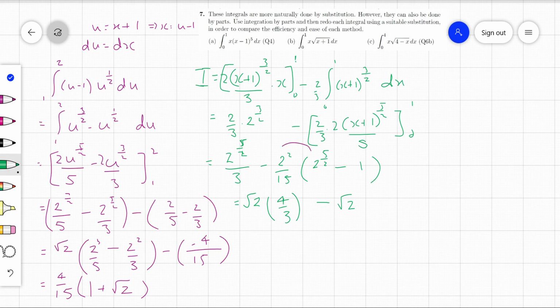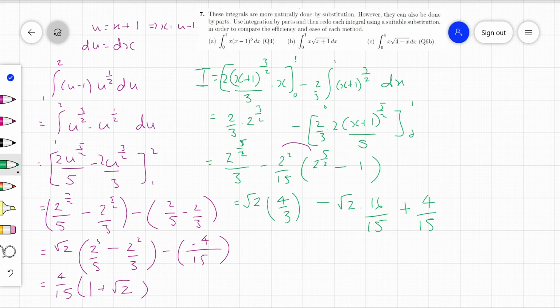There's a square root 2 there, and again, if I take 1 from that 5, I've got 4 on 2, which is squared, so that's a 4. And out the front, there is a 4, so 4 fours. We've got a 16 there, so 16 on 15 for that second term. Then the last term, minus minus is a positive, and we've got 4 on 15 there.